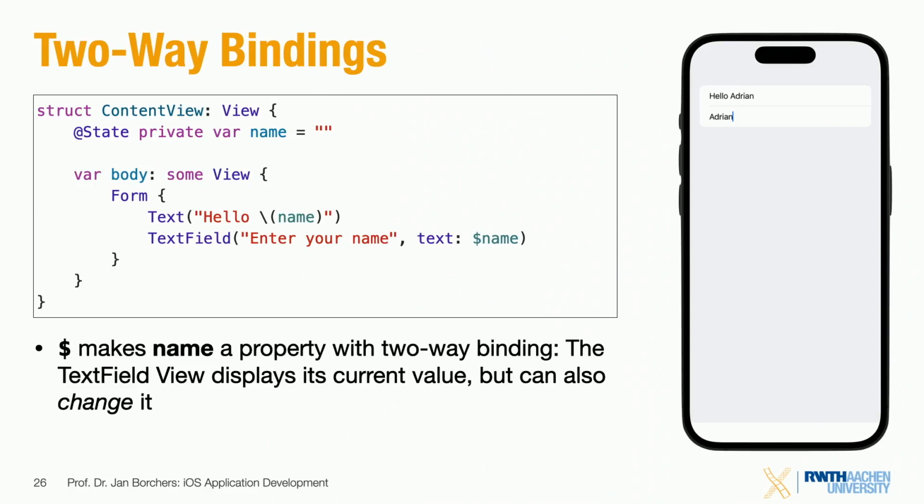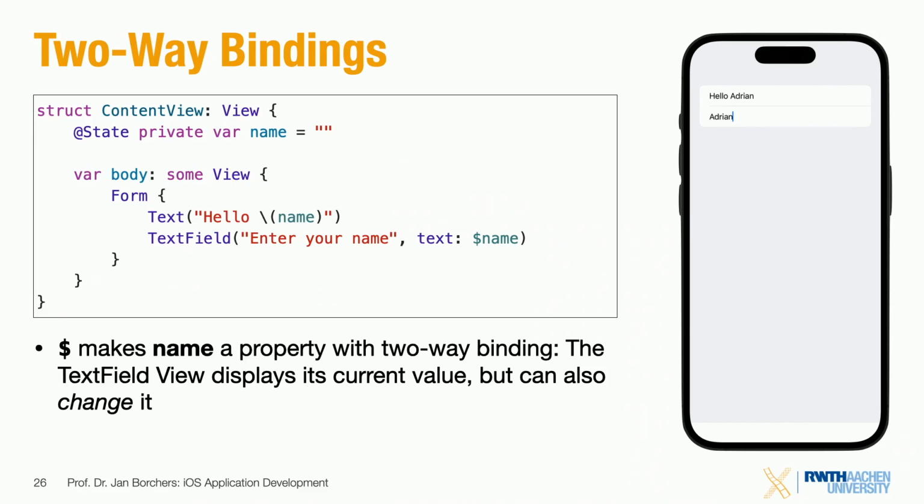Again, we have a very simple content view here that just creates a form with a text field and a normal text label. Now, a text field is something where you can actually enter text and edit it. So it doesn't just have a prompt, but it also has a text variable. And that text variable is the one that the text gets written into once the text field is complete.